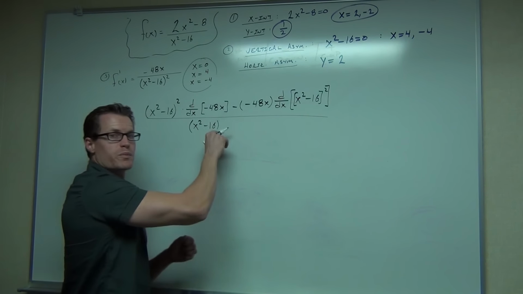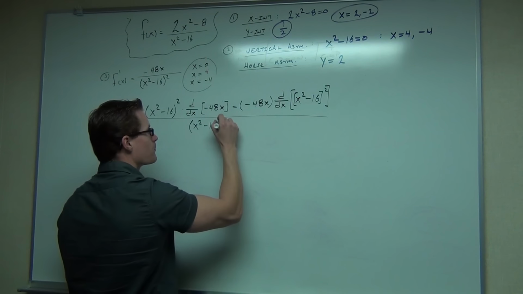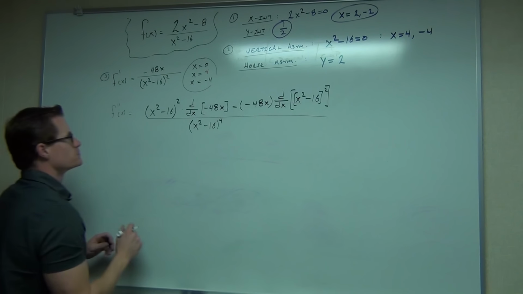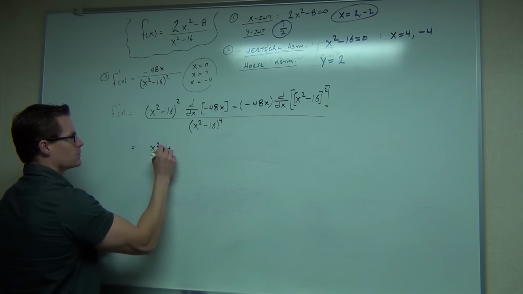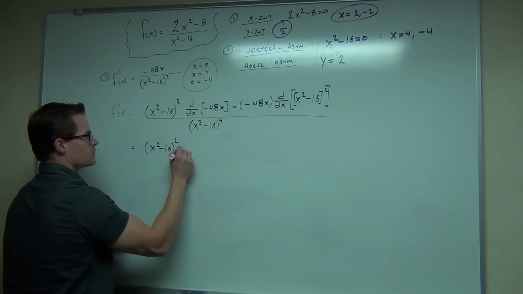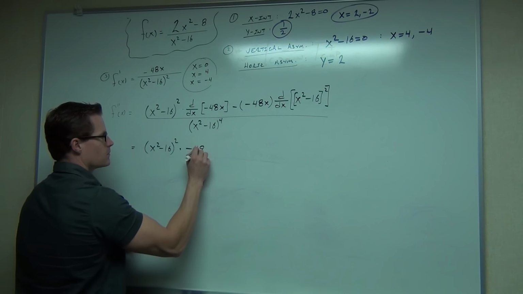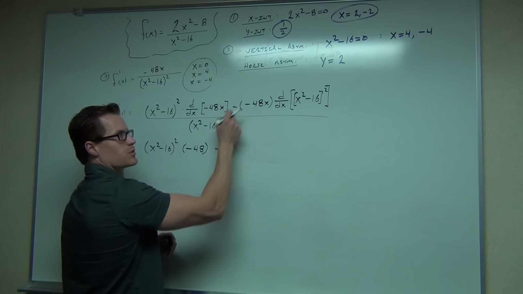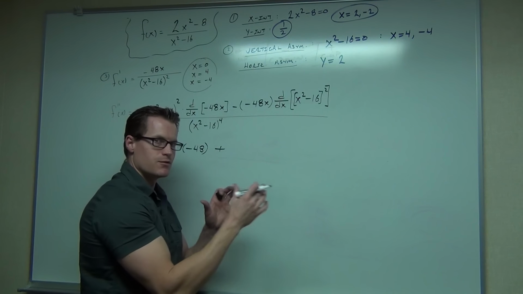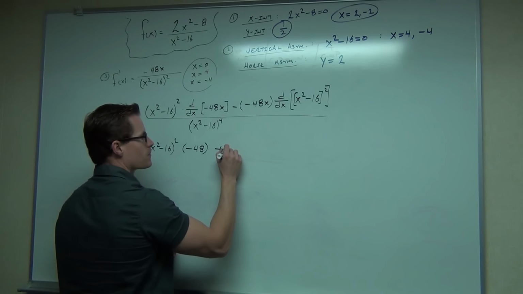This is going to be to the 4th power since we're squaring that square. Notice the plus, I'll change that right now, just making a negative into a plus.